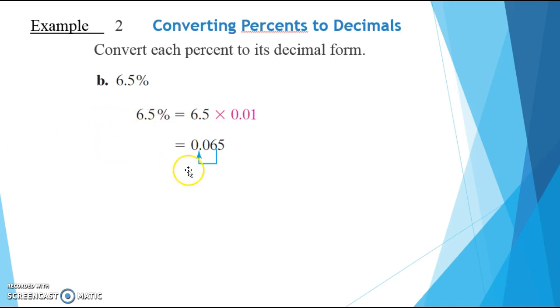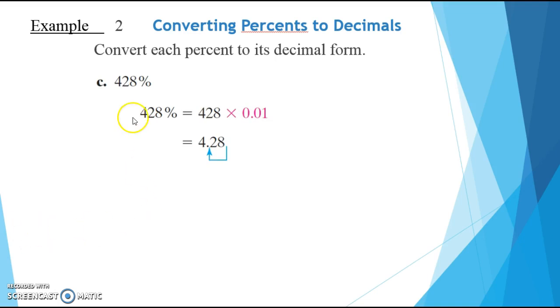We have to add a 0, so it's 0.065. 428%, remember, if you don't see a decimal point, it's always at the end. So that's like 428 and then a decimal point. So we're moving it 2 to the left, which is going to give you 4.28.